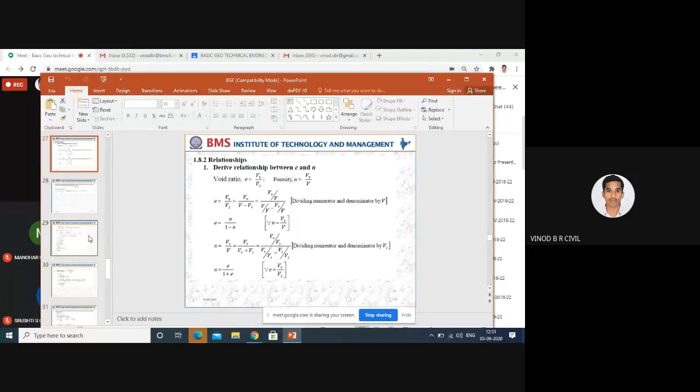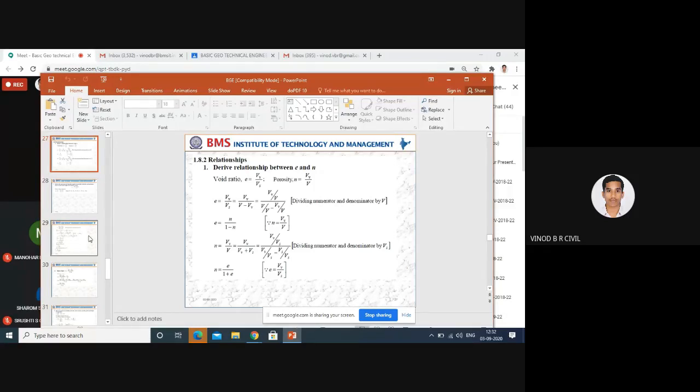So e equals void ratio, e equals Vv divided by Vs, volume of voids divided by volume of soil, equals volume of voids, keep it as it is, divided by volume of soil, which you can replace as total volume minus volume of voids, V minus Vv.